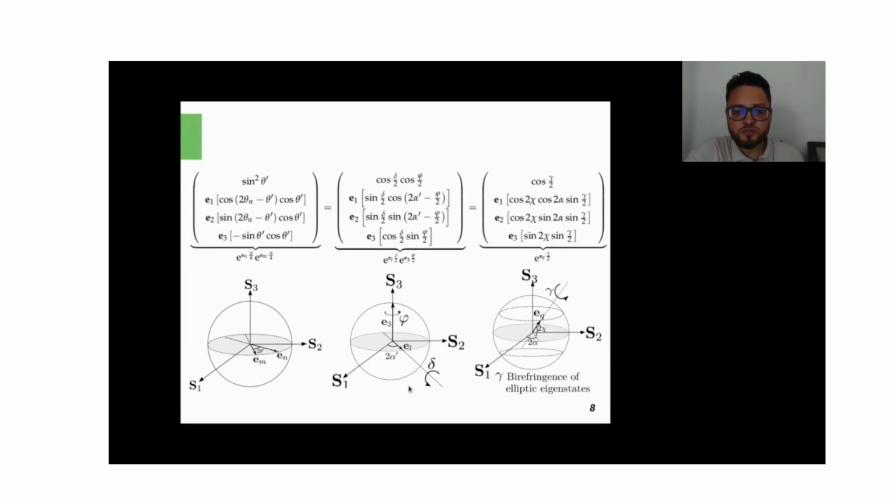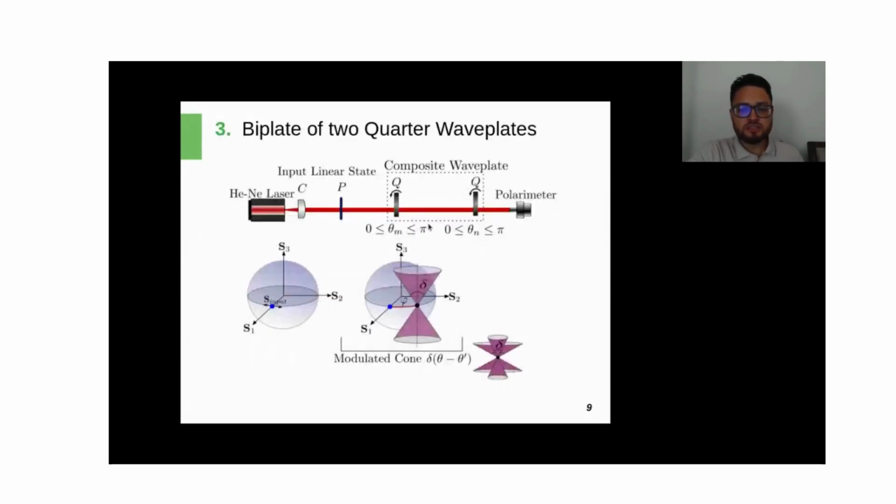On the other hand, we use Jones' theorem, which implies that any composed wave plates, or any birefringence with elliptical eigenstates, could be decomposed as a composition of optical activity and linear birefringence. So we use this double equality to make a full characterization of this composed system.